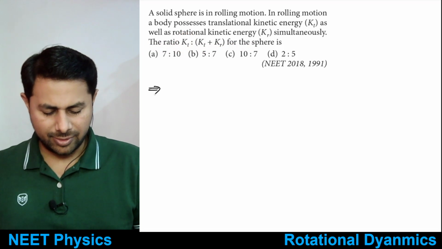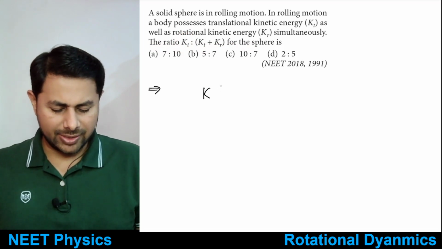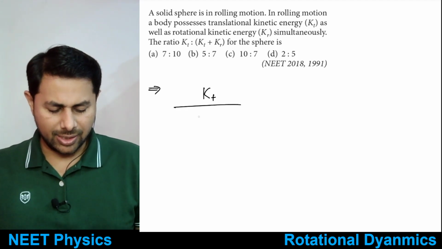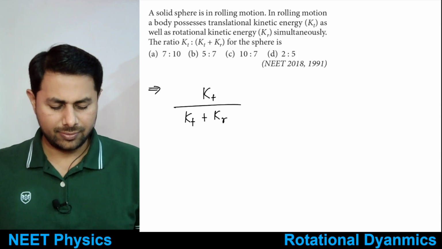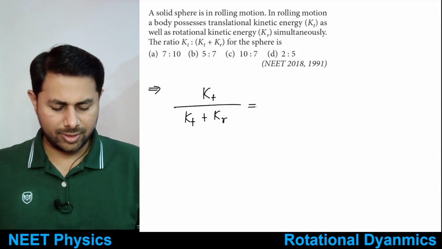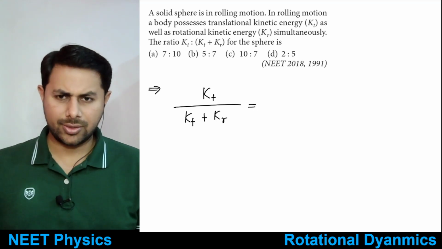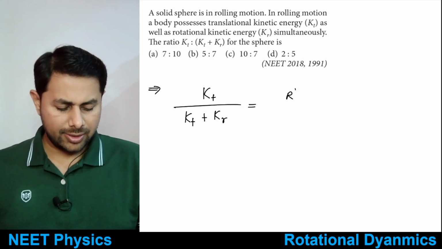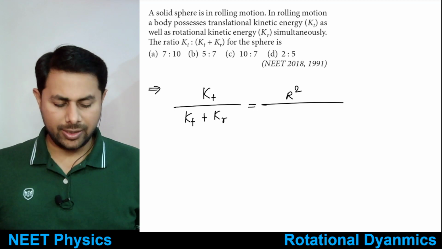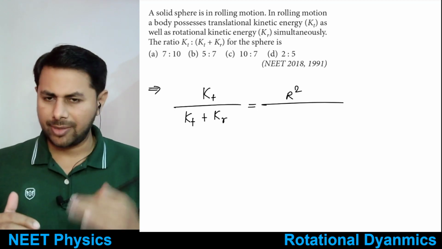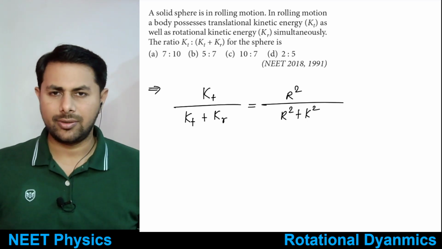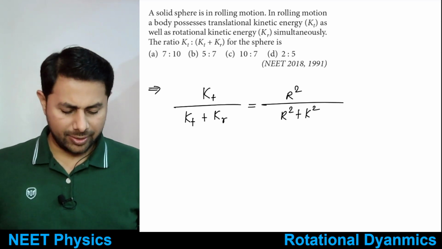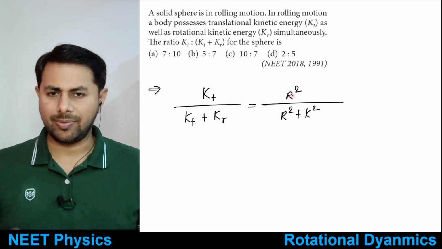So we have to remember this, right? Some time back we wrote down the formula. Translational divided by total is r square divided by r square plus k square. Rotational divided by total is k square divided by r square plus k square.